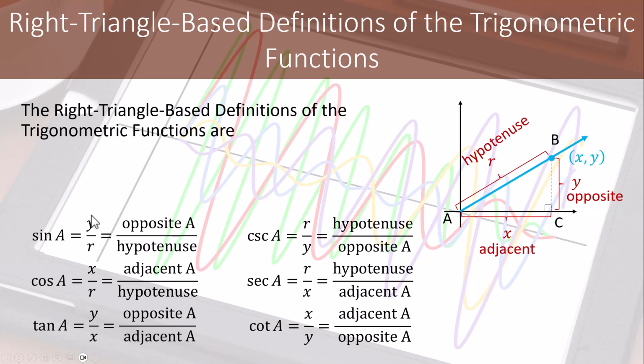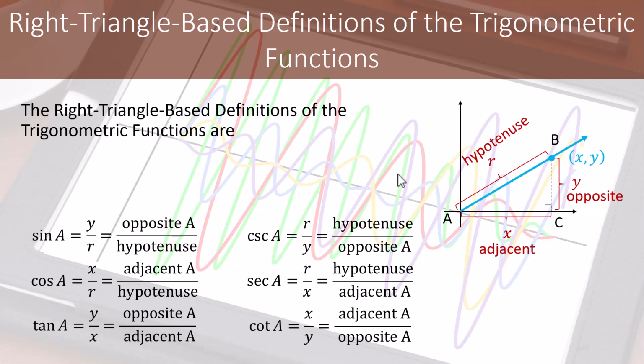So instead of using x, y, and r, which are somewhat arbitrary, we can use something a little more geometrically meaningful, namely opposite, hypotenuse, and adjacent with this right triangle. So now sine is going to be the opposite side divided by the hypotenuse. Cosine is going to be the adjacent side divided by the hypotenuse. And then tangent is going to be the opposite side divided by the adjacent side. And of course the reciprocal functions will be described in a familiar manner.